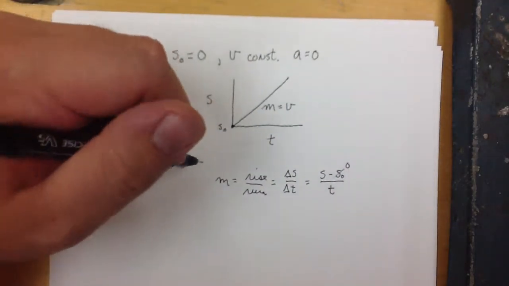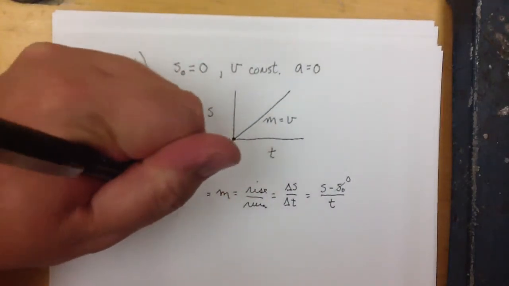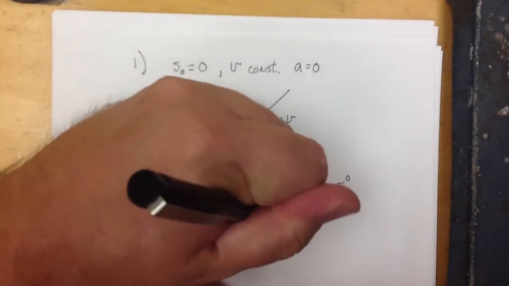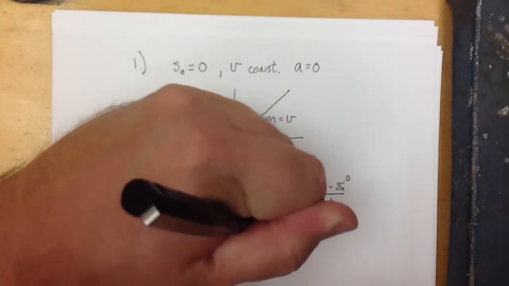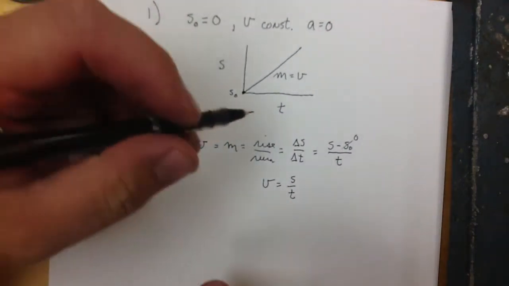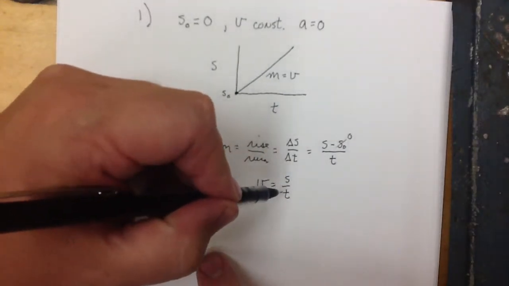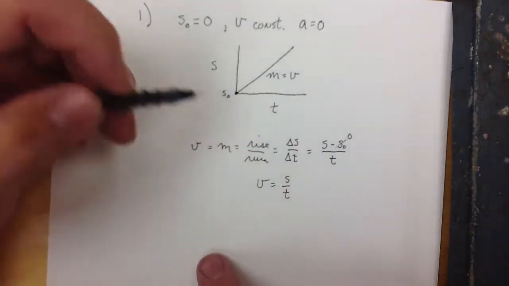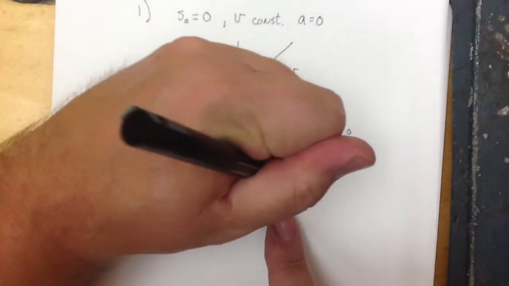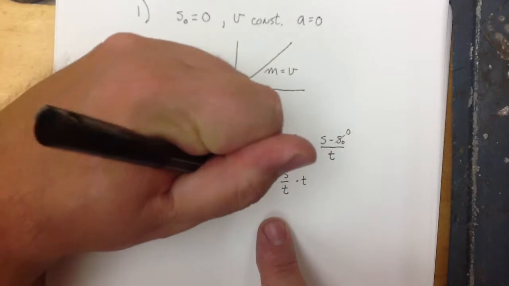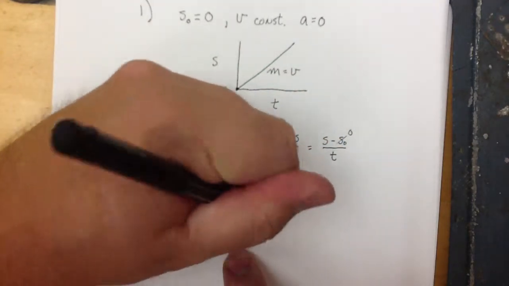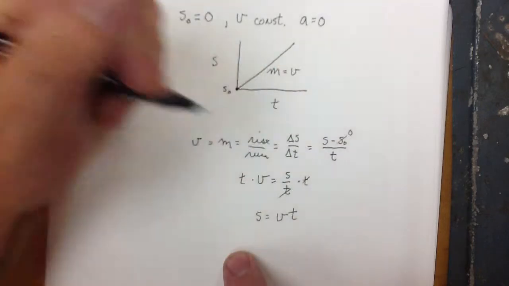From this we can take the slope being equal to the velocity, and we get velocity equals distance divided by time. And we know that to be true. For constant velocity, if we simply take the distance and divide that by the time, that's how fast we're going. If we rearrange this equation, we can multiply both sides by t, and we get S equals V times t.